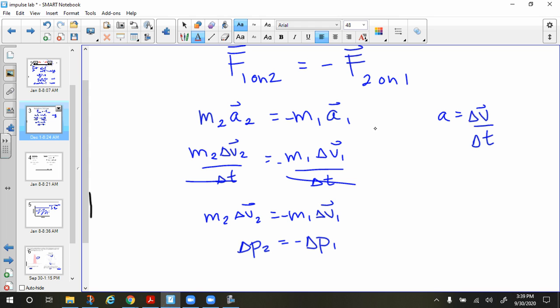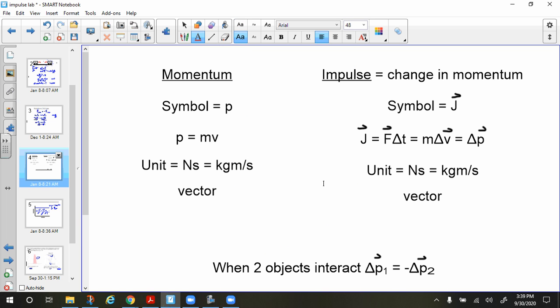So as long as they're an isolated system and we're just thinking about the forces they're putting on each other, the change in momentum of one of the objects is going to be the same magnitude in the opposite direction as the change in momentum of the other object. So I've summed all of this up on one page here.